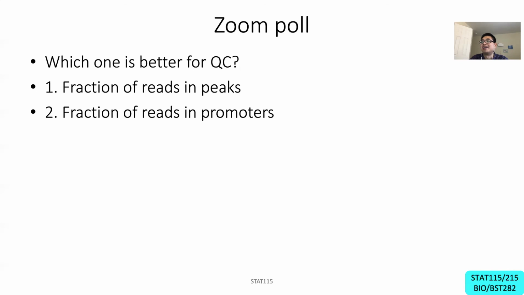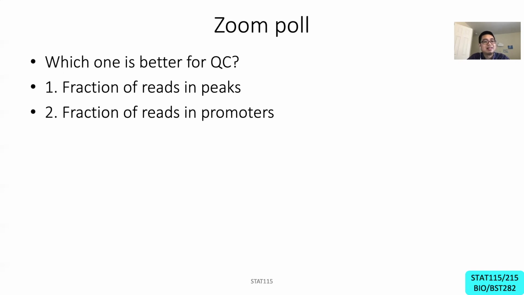Which one is better? Or maybe there's no better or worse. Let me see the poll.